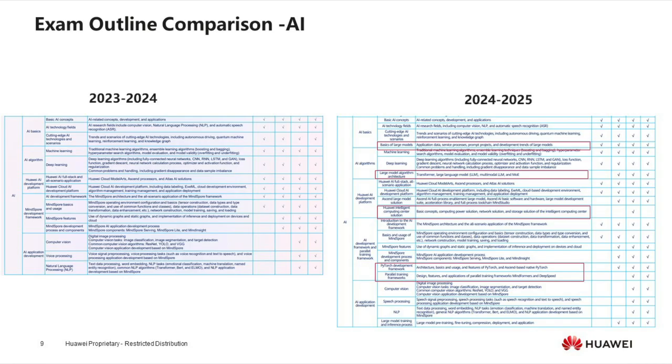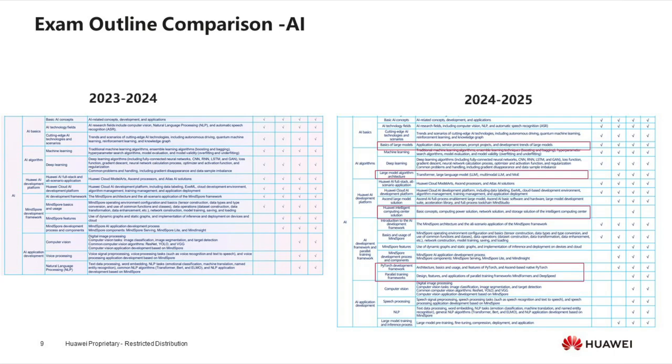Overall, in the AI area, you need to at least know the basics of AI and some basic algorithms like machine learning, deep learning, and transformer, which is a kind of large model algorithm architecture.